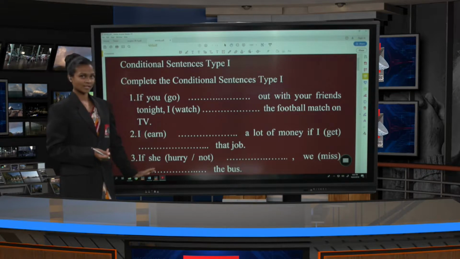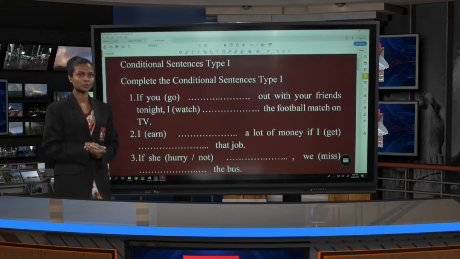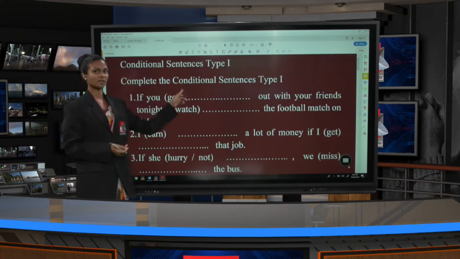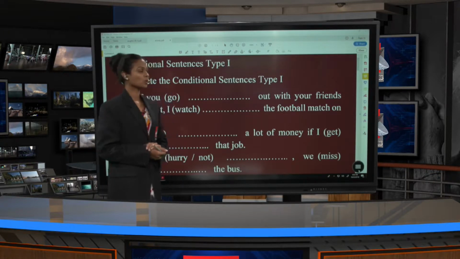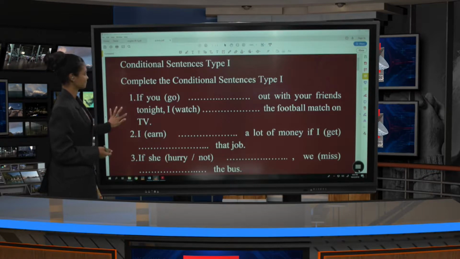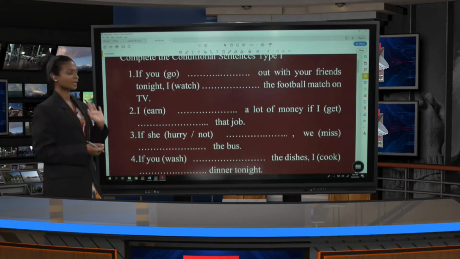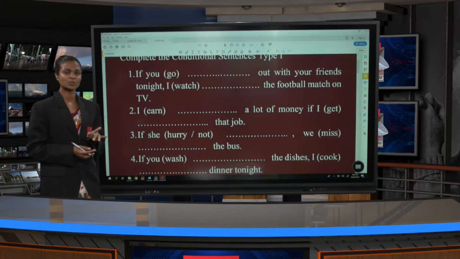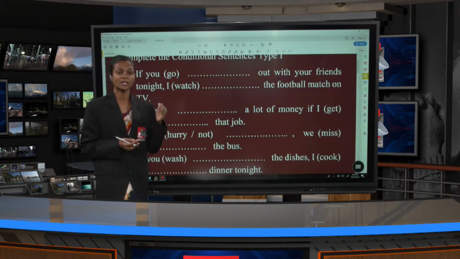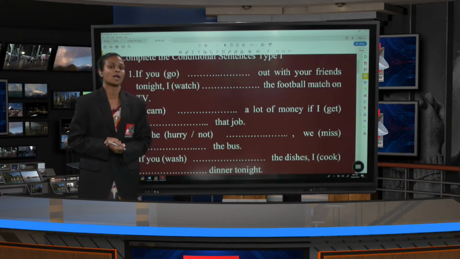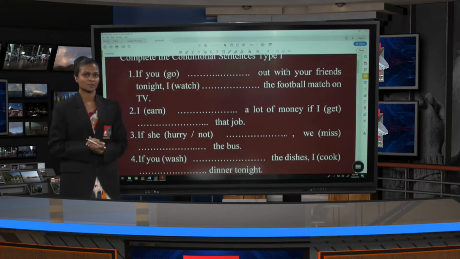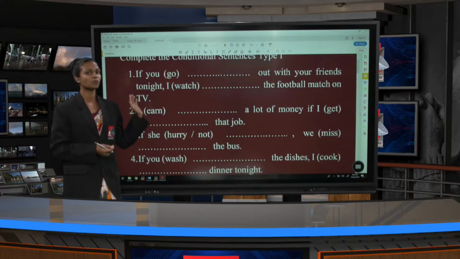There's a small activity for you to do under conditional sentences type 1. What you have to do is complete the conditional sentences type 1. Verbs are given here in the brackets. You have to go through each sentence and try to assume the correct answer. හොඳට මතක තියාගන්න type 1 එක ගැන විතරයි.